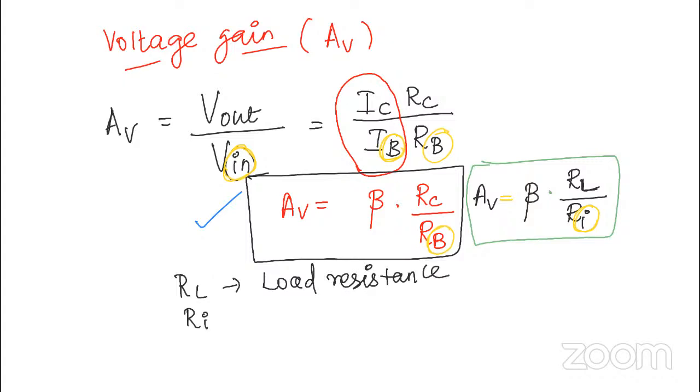And RI அப்படின்றது it is the input resistance, இன்புட் ரெசிஸ்டன்ஸ் நம்மளுக்கு ரெப்ரசன்ட் பண்ணுது.